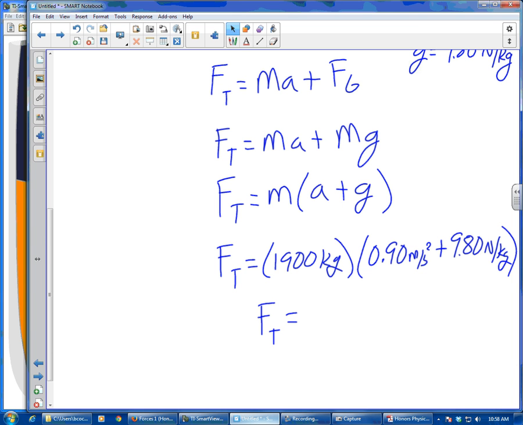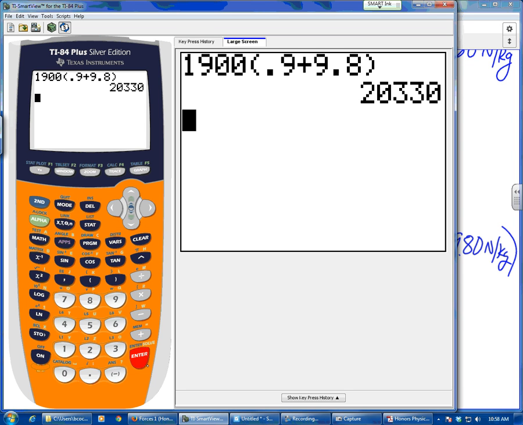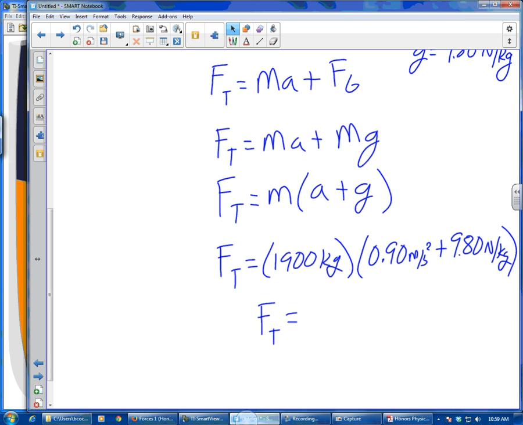And then I just grab my calculator. 1900 parentheses 0.9 plus 9.8, close the parentheses, hit enter, and I get 20,330, which I would record as 20,300.